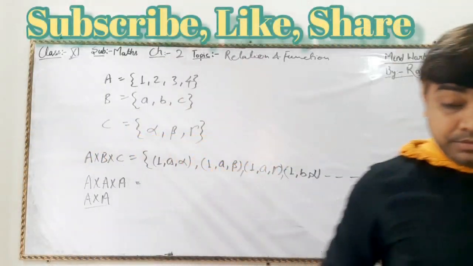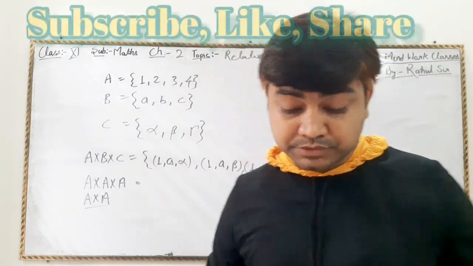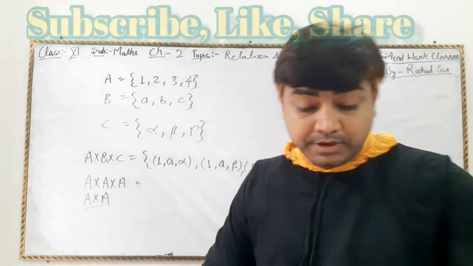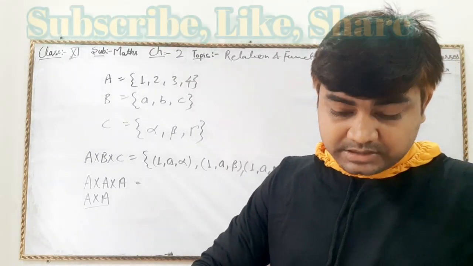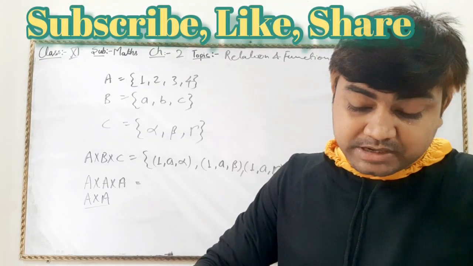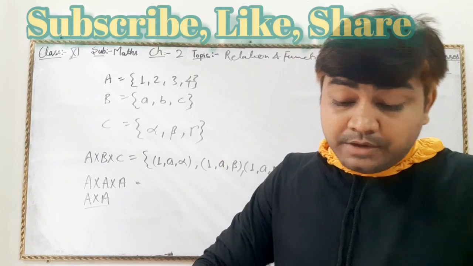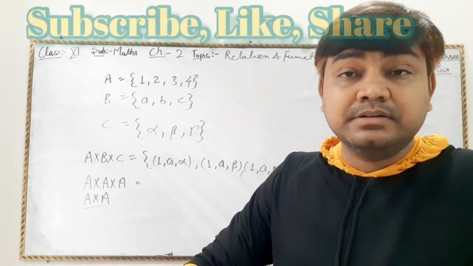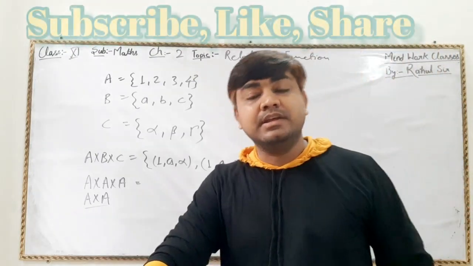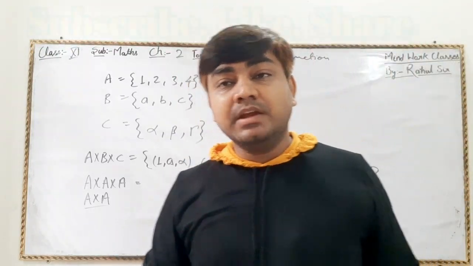Now let's come to the exercise and try to solve a few questions. Here, first question, let's take a look. If x upon 3 plus 1, y minus 2 upon 3 is equal to 5 upon 3 comma 1 upon 3, find the values of x and y. What do we do here? In previous chapters we also studied the equality of sets.